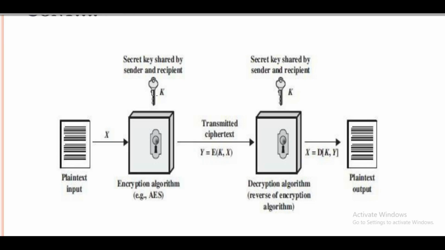Then we transmit our ciphertext to the receiver side to decrypt the ciphertext to plain text, right? That is the reverse of the encryption algorithm. Again, the receiver has the secret key, which is shared with the sender as well.